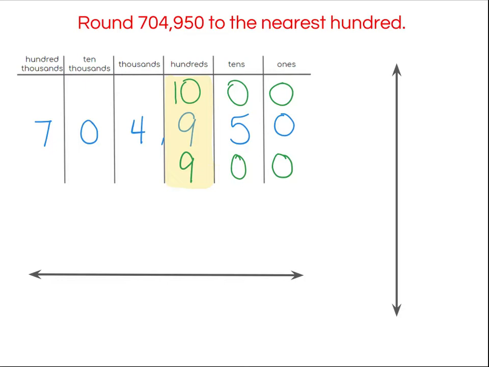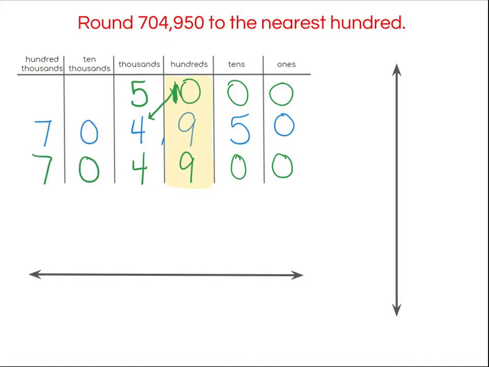Because one more than 900 would be 10 hundreds, but we need to add this 1 to the 4, which would give us 5. And then the 1 goes away. So if we think about it, because we know the numbers before the hundreds column stay the same, the 4 would be the same, the 0 would be the same, and the 7 would be the same.